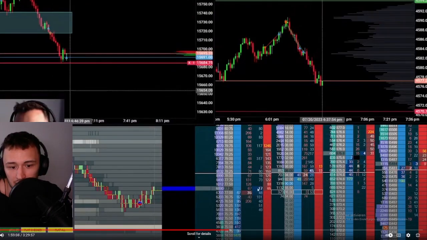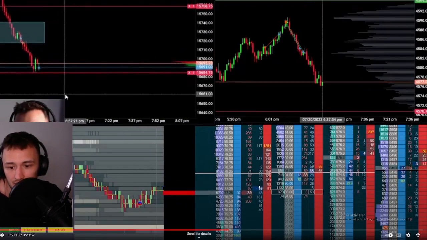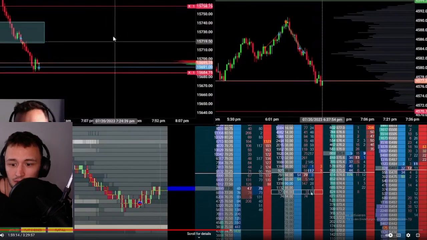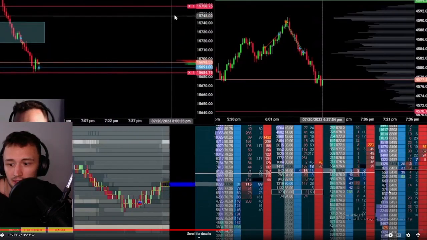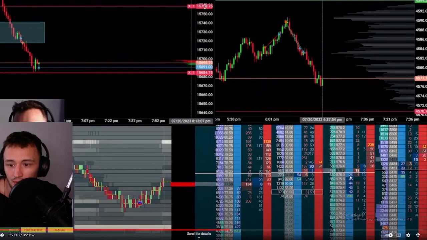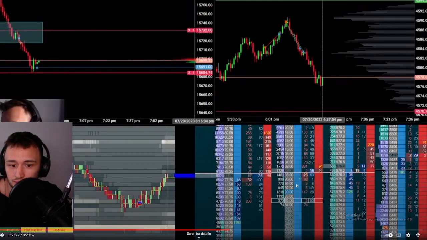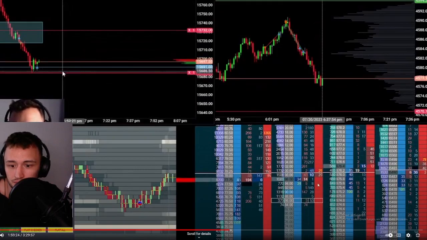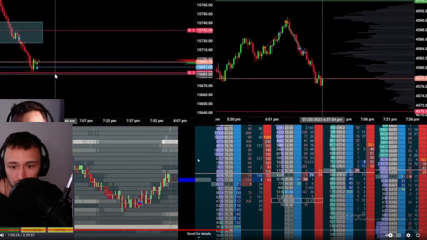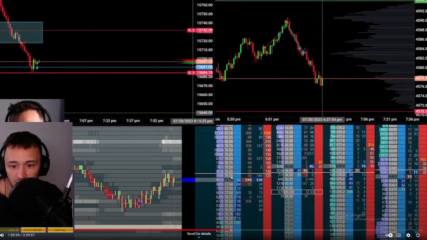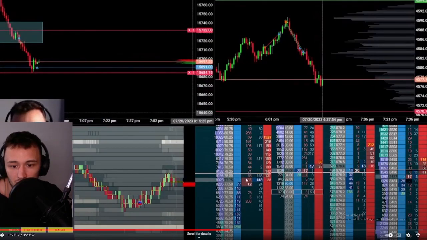Now you do see buying come in. Long in the cues, back up here again. Now you do see strong buying come in here on all markets. So that's what I thought, 78 is obviously some sort of resistance.